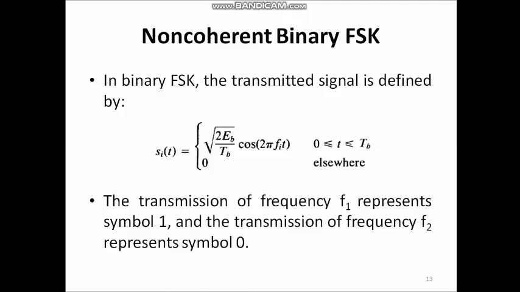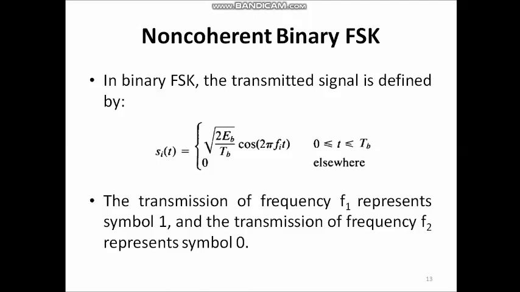But here we are considering a matched filter and envelope detector, therefore it is a non-coherent detection technique. So in today's session we are considering only non-coherent binary FSK. One more non-coherent modulation method is included in the syllabus. It is called differential phase shift keying or DPSK. We will discuss it in the next session.